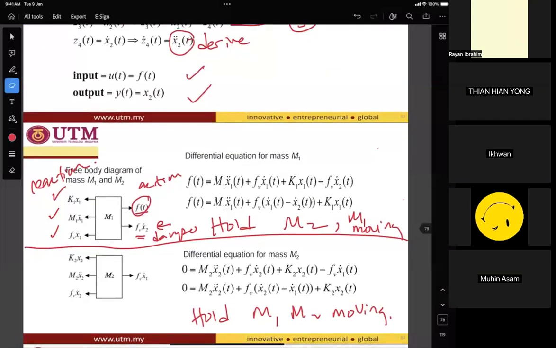So therefore, from the free body diagram, we construct the force, which is the total force on the right equal to the total force on the left, as shown there.